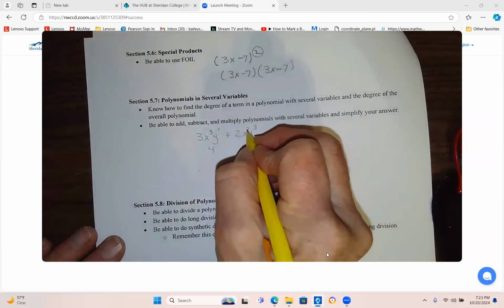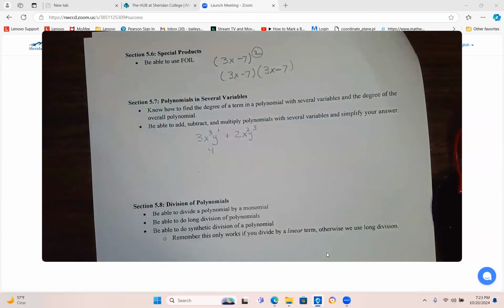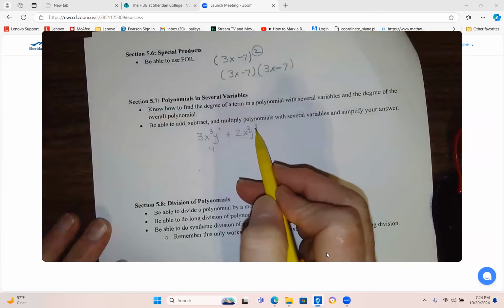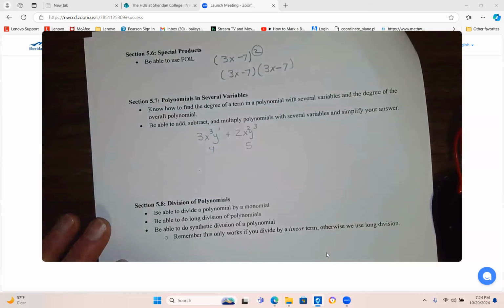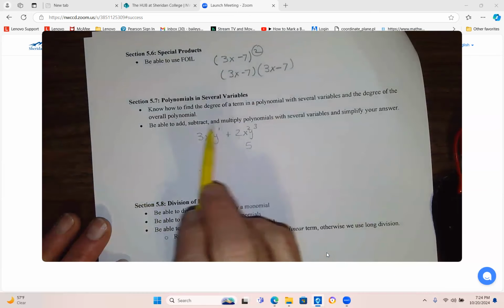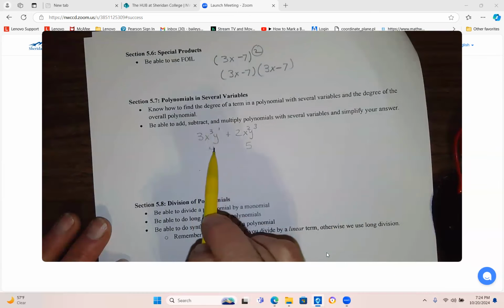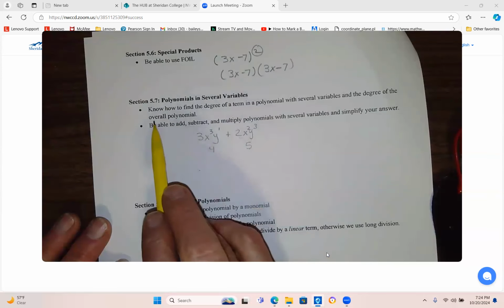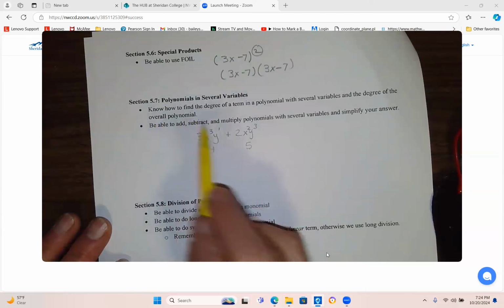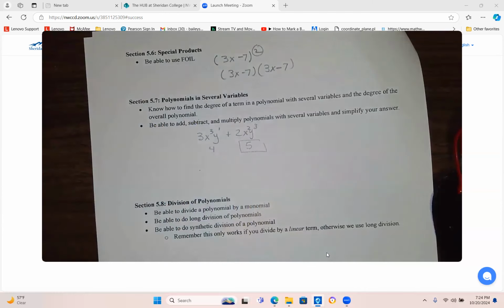I'm going to change this. I'm sorry. I don't want the answers to be equal. So here, then you would add them together and get 5. Now, had I kept that, well, we'll talk about that in a second. So here, the degree of this term is 4, the degree of this term is 5. So the degree of the overall polynomial is that one.